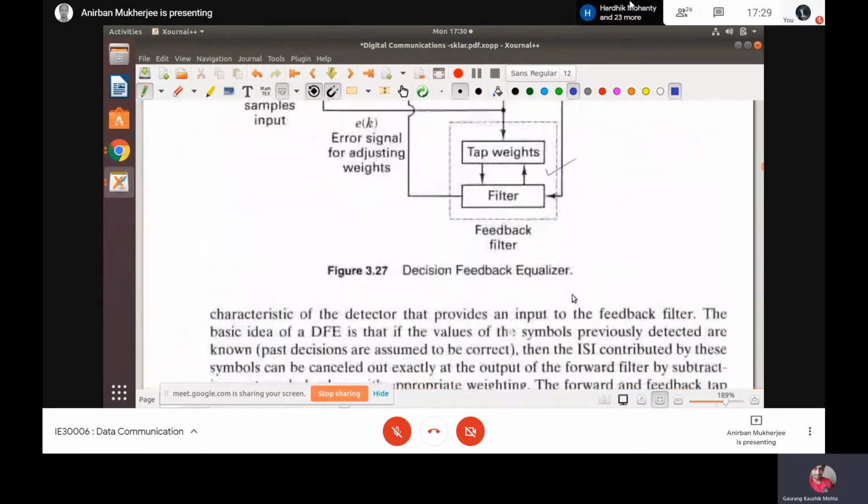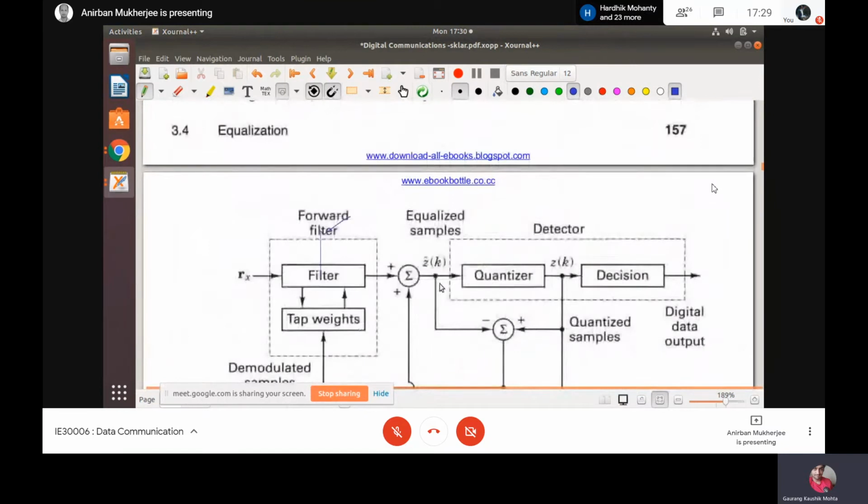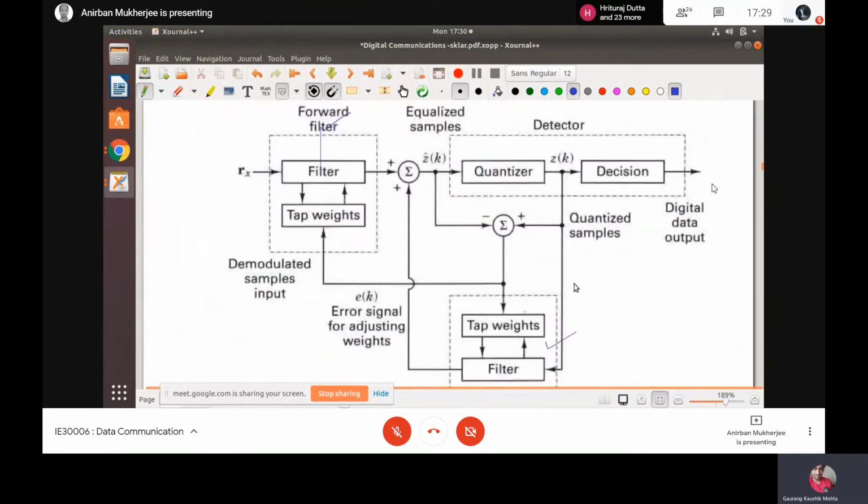Here, if this portion is not there, this is my filter, that means the C vectors, and the C vectors I have to modify.